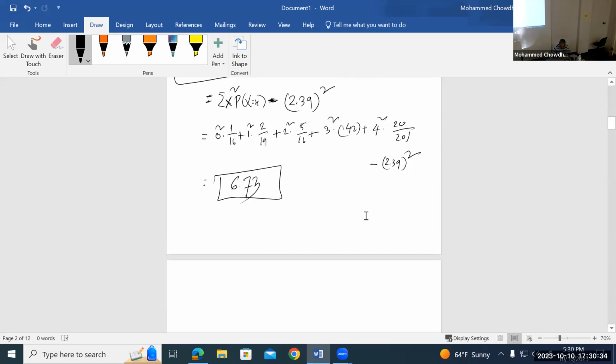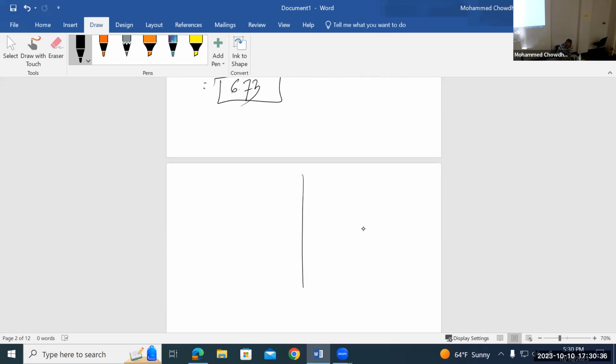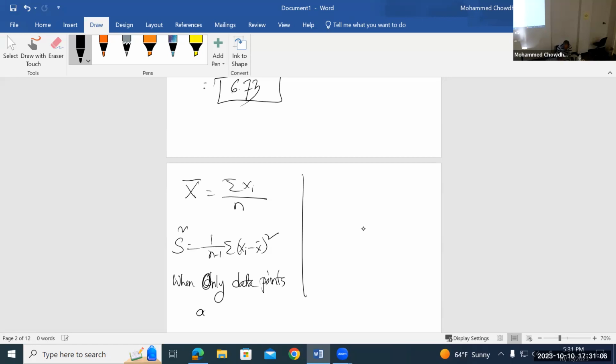So what you have learned, this is the formula for the mean, the sum of xi over n, and this is the formula for the variance, when only data points are given.